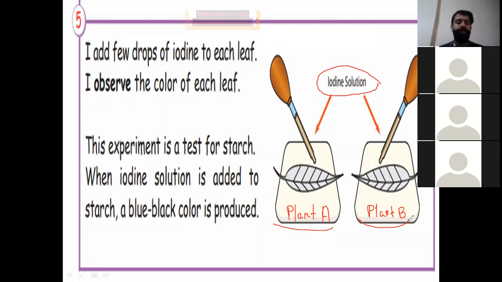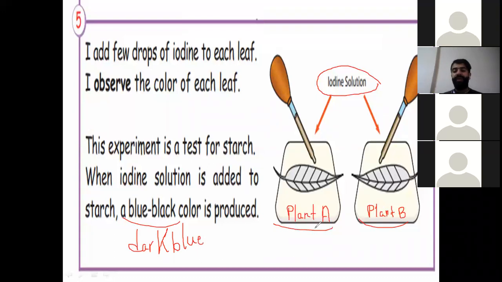Blue black or dark blue, it's the same, they have the same concept. So which one do you think will be the one having dark blue color? Leaf from plant A that was placed in light, or leaf from plant B that was placed in darkness?